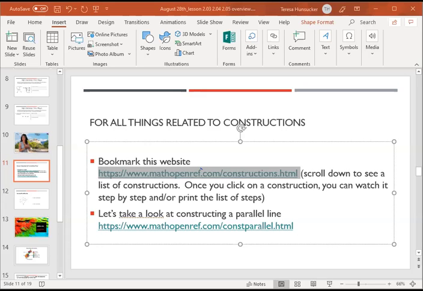All right. So in the chat, I'm putting a link for the constructions, any type of construction. That means using a compass and a straight edge to make an angle. That's called a construction when you use a compass. If you're just using a pencil and drawing it freehand, that's not a construction.